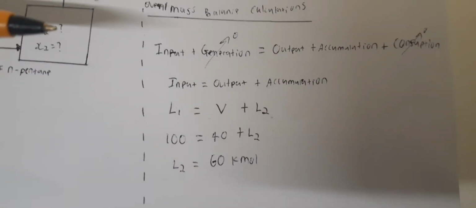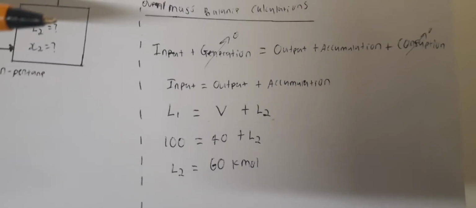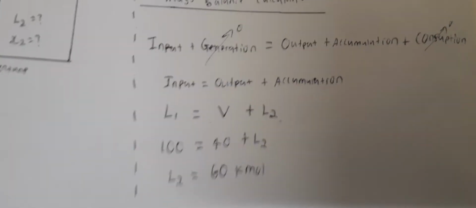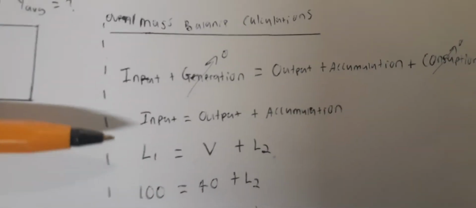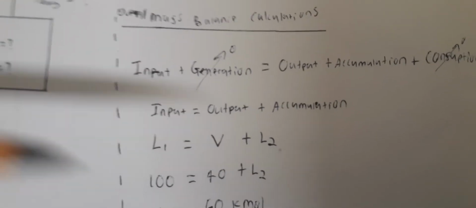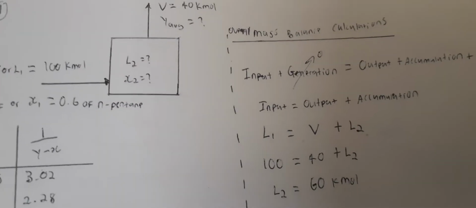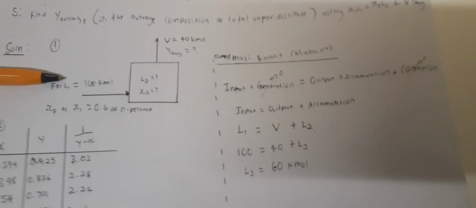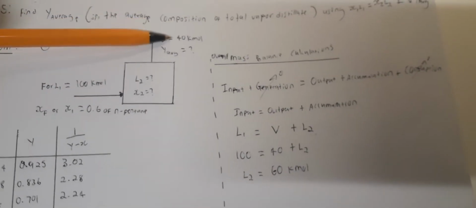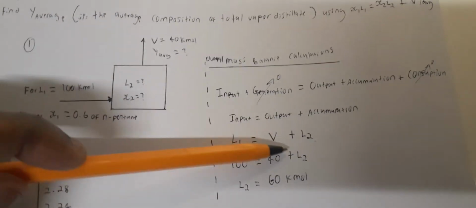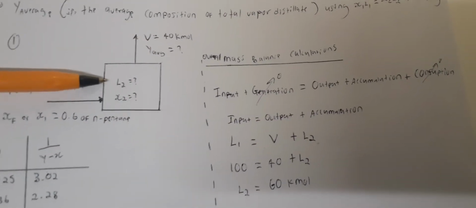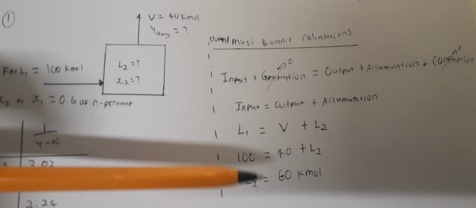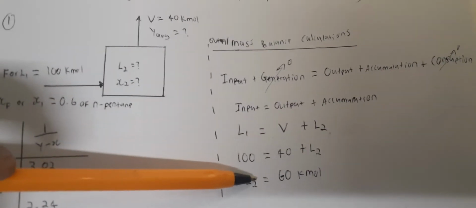So after cancelling out all the terms that are not involved in our balance equation, we end up with this equation. And then we know from our BFD, our input is L1 here, our output is V2, and our accumulation is L2. And then you can solve and find L2.